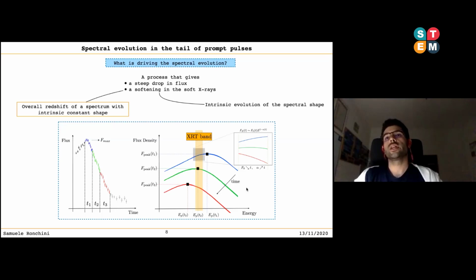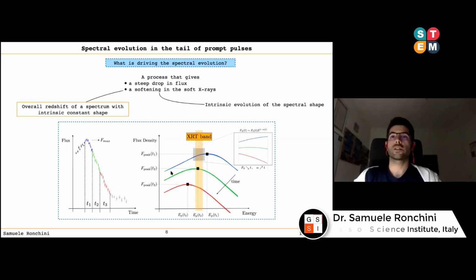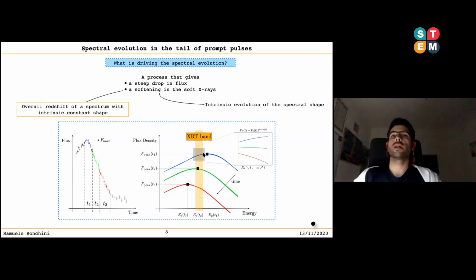So you see that if you have a spectrum in the observer frame which is curved, and this spectrum is crossing the observing band, in this case the XRT band, and also the peak flux is going down with time, we see in the XRT band a flux that is decreasing, and at the same time a photon index that is increasing, so a softening of the spectrum.